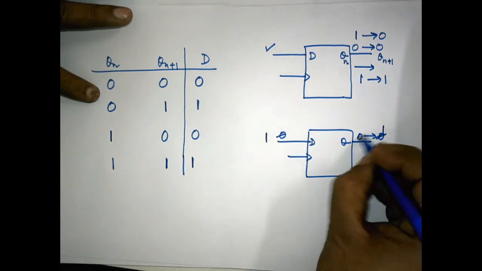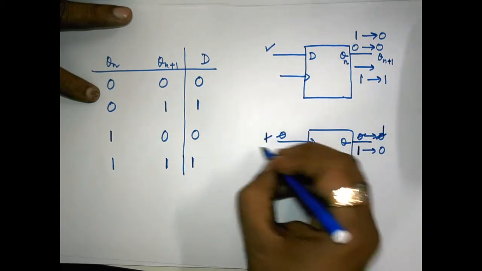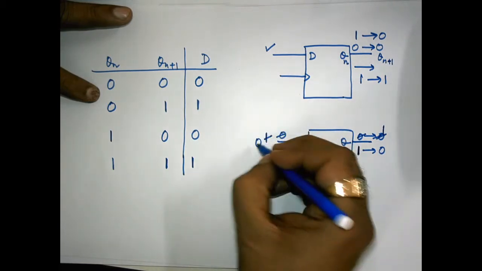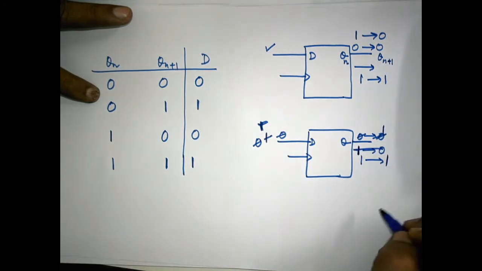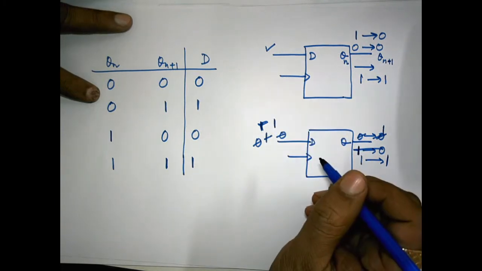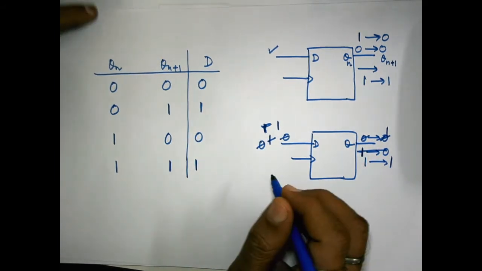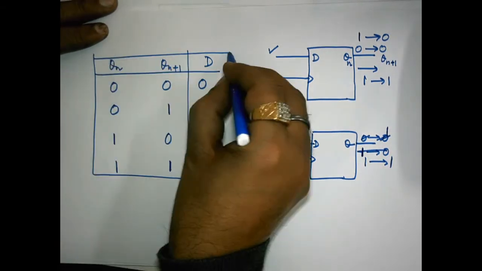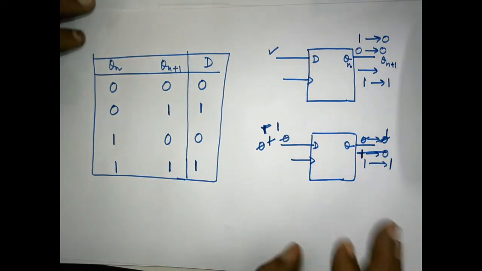If 1 was here and we are willing to make it 0, we apply 0. And if 1 is here and we are willing to make it 1, we apply 1. This is known as the excitation table of D flip flop.